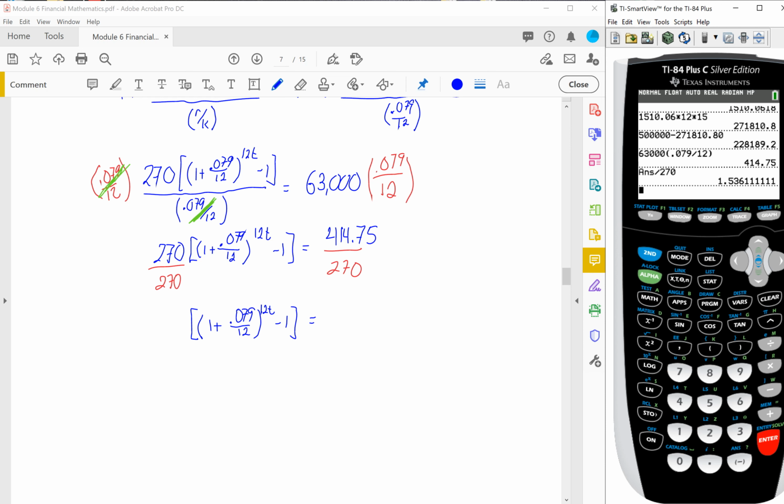And I'm going to keep significant numbers of decimals here just to avoid rounding error. I'm going to write 1.53611, and I'm going to go to 5 decimal places.